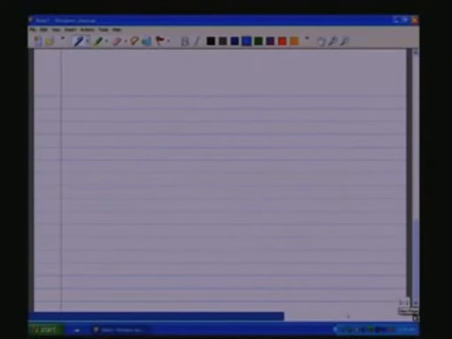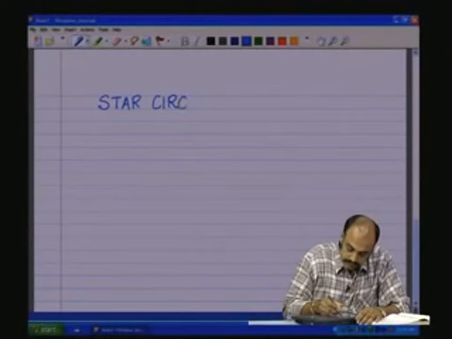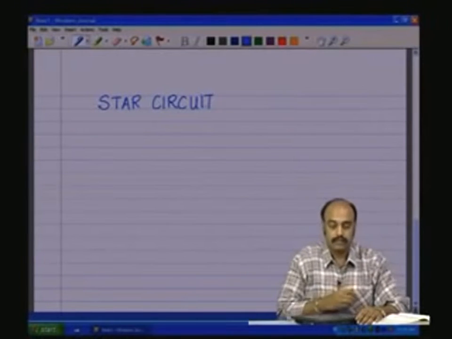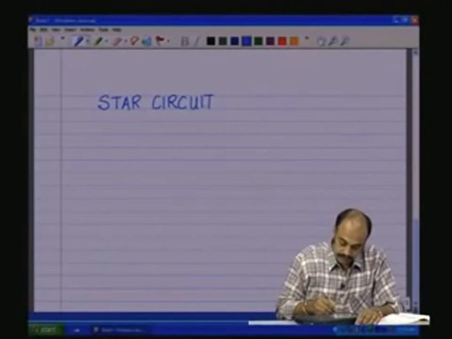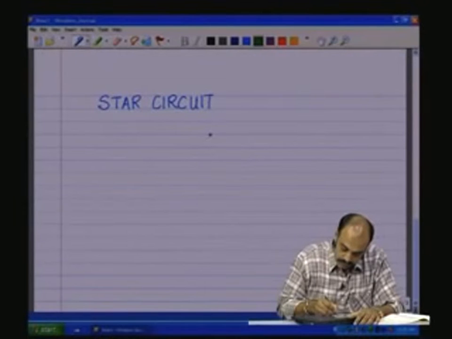Let us now first consider the star circuit. Now, let me write the star formation.